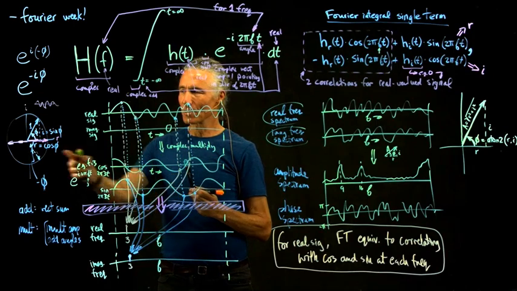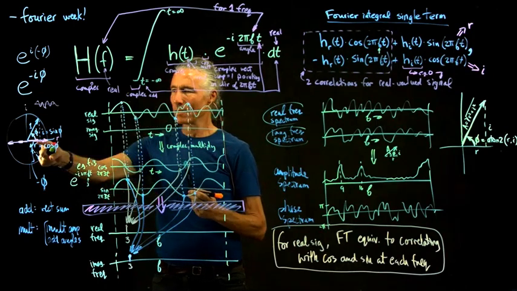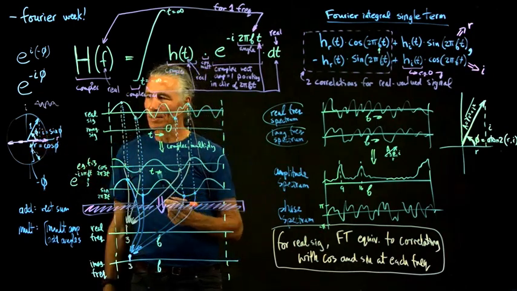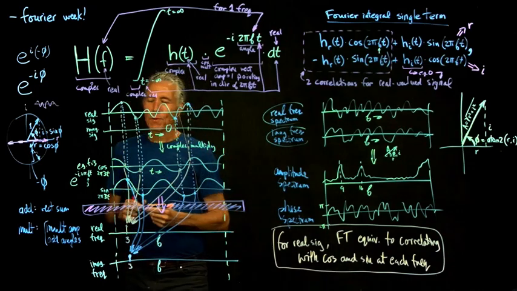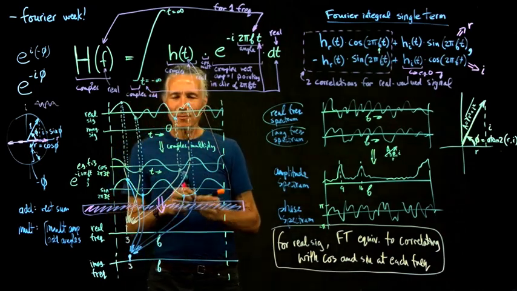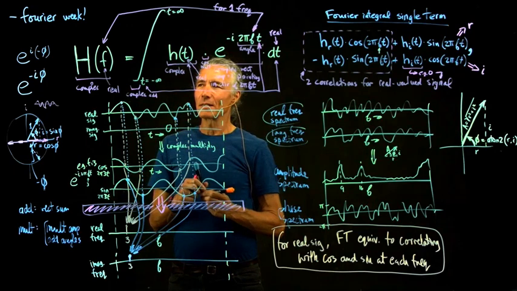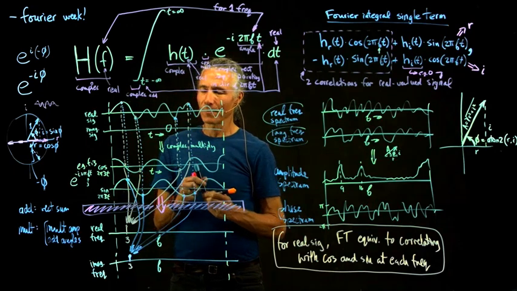Sine and cosine are at right angles to each other. You can see they're at right angles here. What does it mean to be at right angles? It means you're completely uncorrelated.